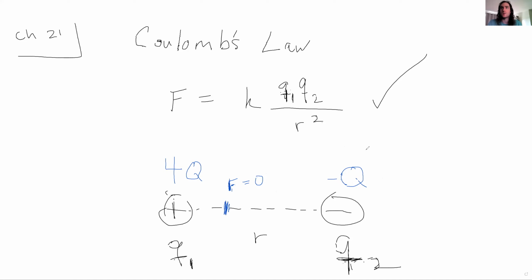How would we tackle this problem here? Okay, well, whenever we're talking about force, we have to introduce this idea of a test charge, right? A Q0. And the test charge is going to be somewhere right here, and it's going to experience 0 force. So we say the force due to charge 4Q has to be equal to the force due to charge minus Q. Okay, a test charge is always positive.